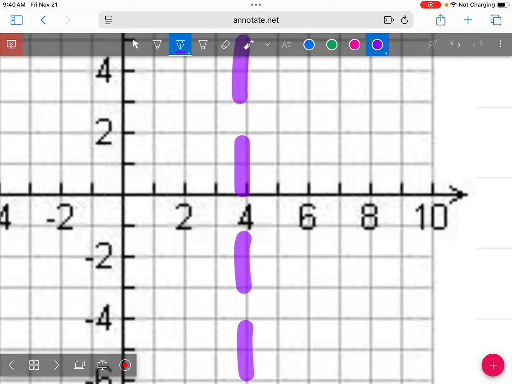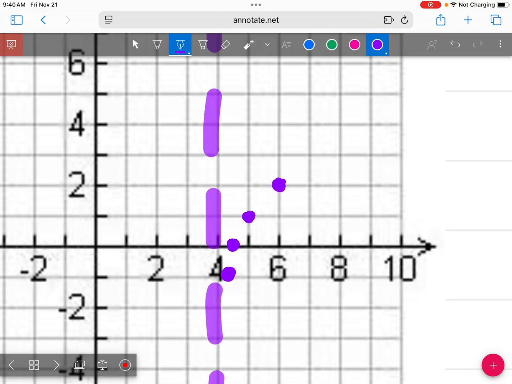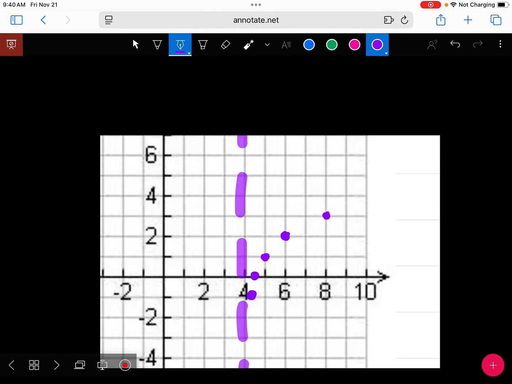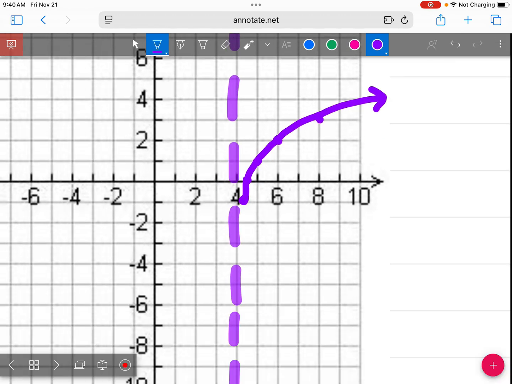And then we're going to plot our points: 4 1/4, -1. 4 1/2, 0. 5, 1. 6, 2. And 8, 3. So we get a function that looks like that.